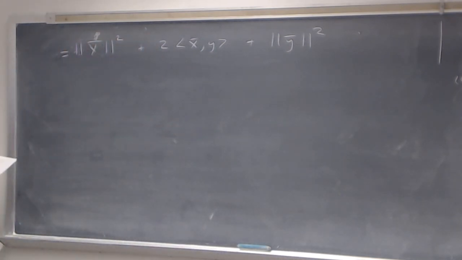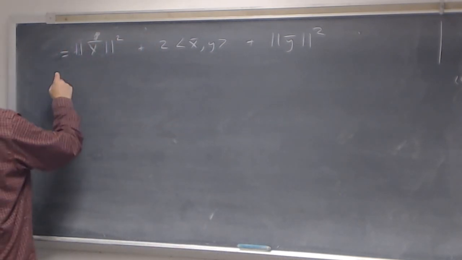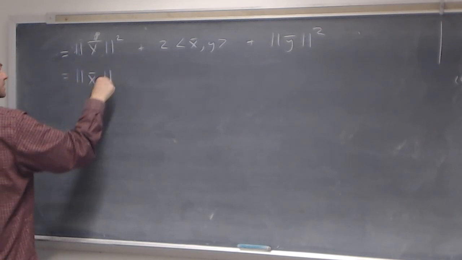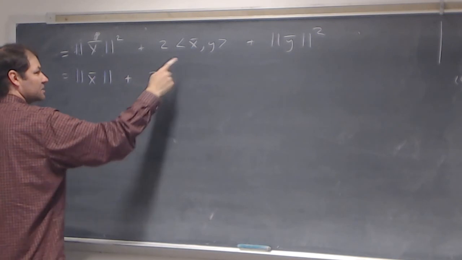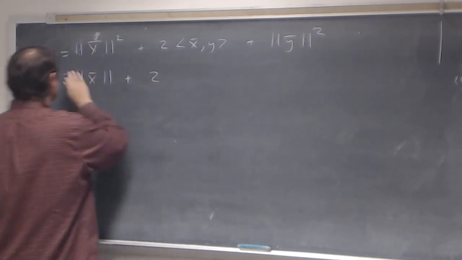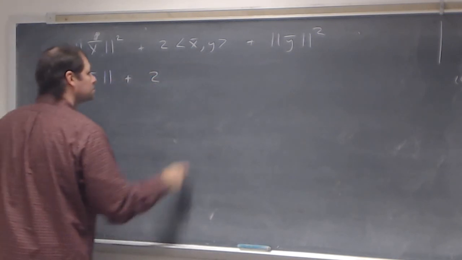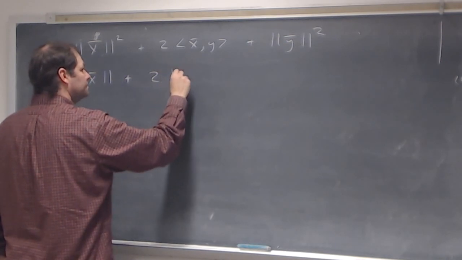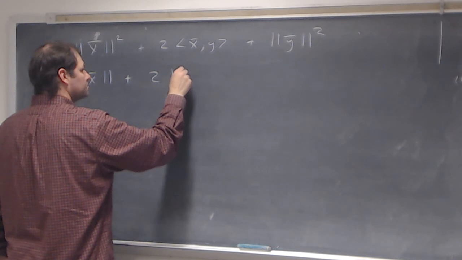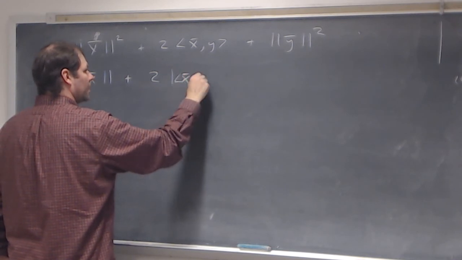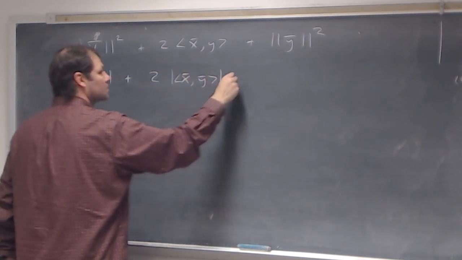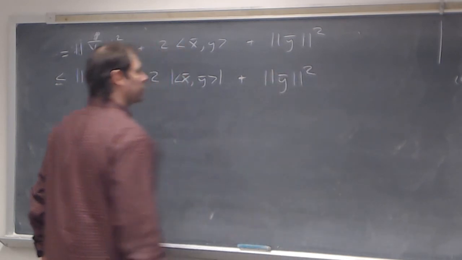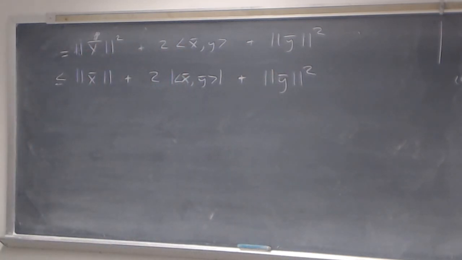Now, it turns out that this inner product is a real number, and so in replacement of it, its absolute value is going to be bigger than it. So this will be less than or equal to the norm of x squared plus 2 times the absolute value of the inner product between x and y, plus the norm of y squared.